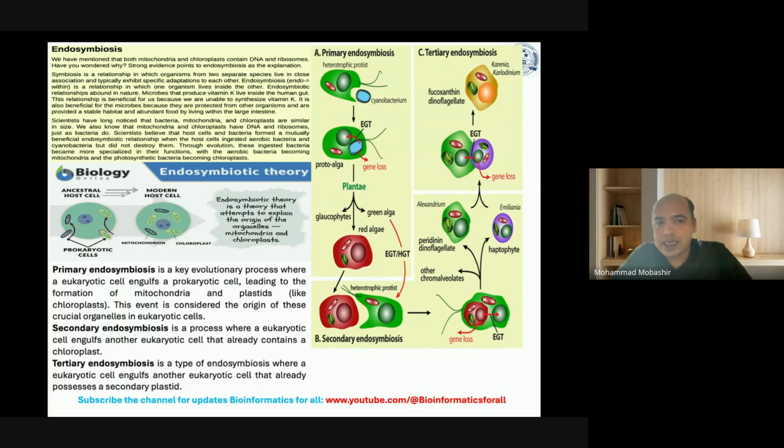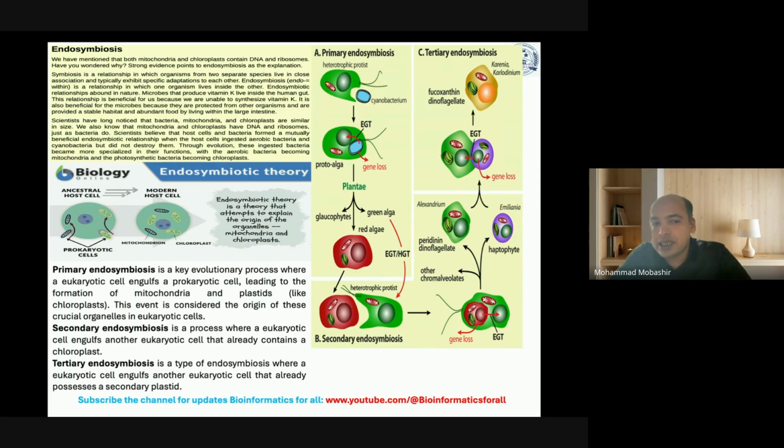And that is like endosymbiosis primary is a key evolutionary process where a eukaryotic cell engulfs a prokaryotic cell, leading to the formation of mitochondria and plastids. So this event is considered as the origin of these crucial organelles in eukaryotic cells.